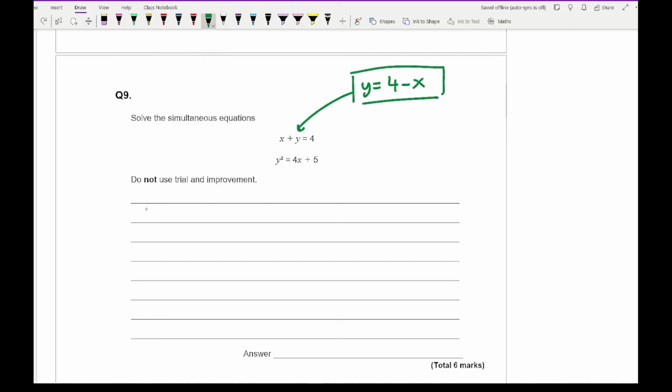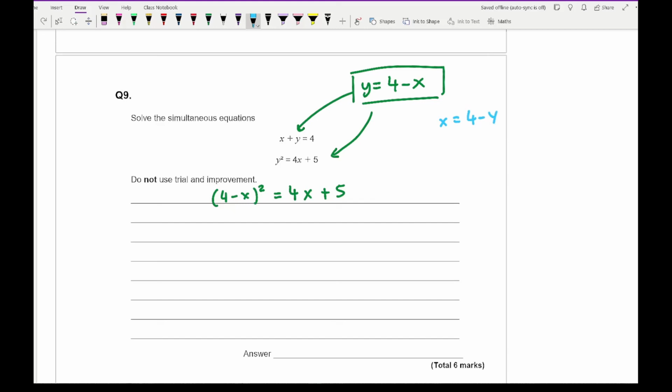So if I substitute this into the nonlinear equation, I end up with 4 minus x squared equals 4x plus 5. Now, if I went for the other option of making x the subject, I'd end up with x equals 4 minus y.